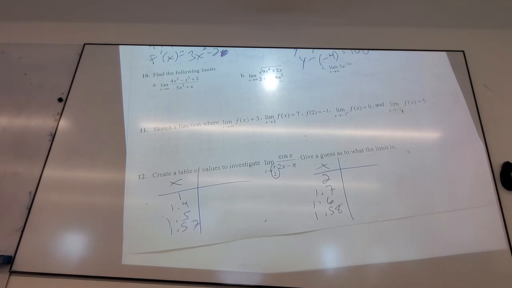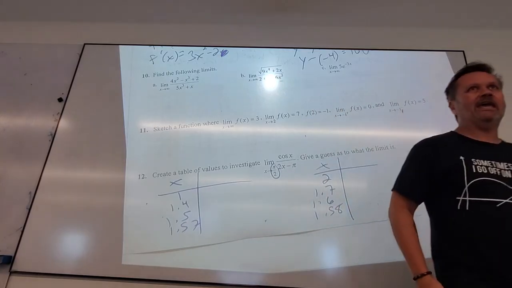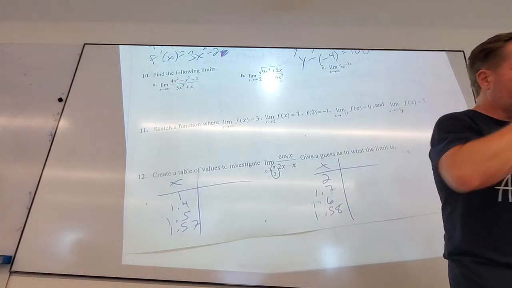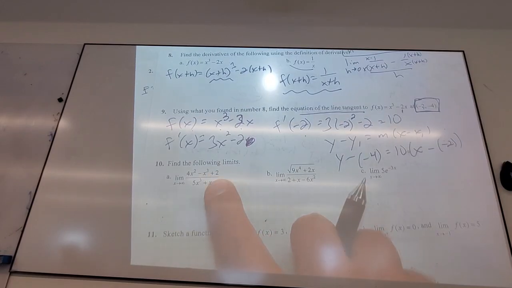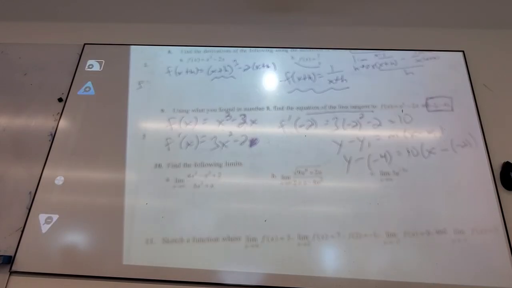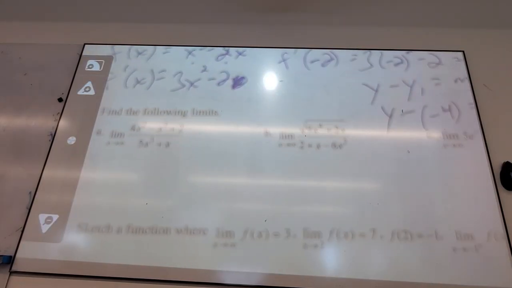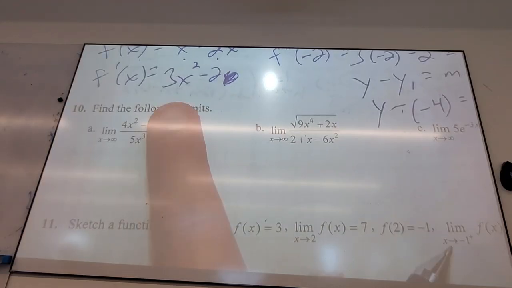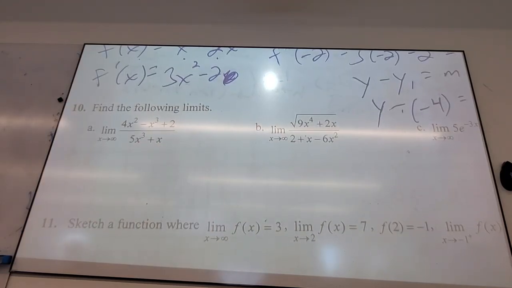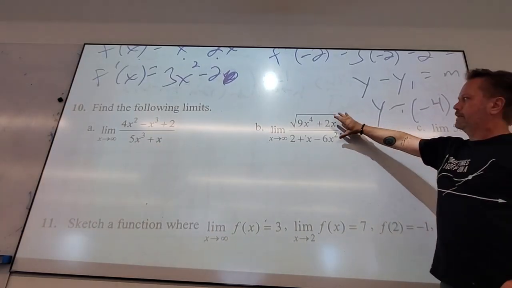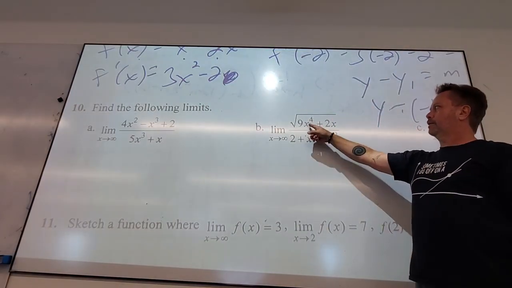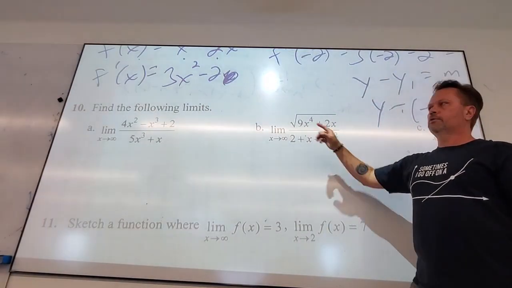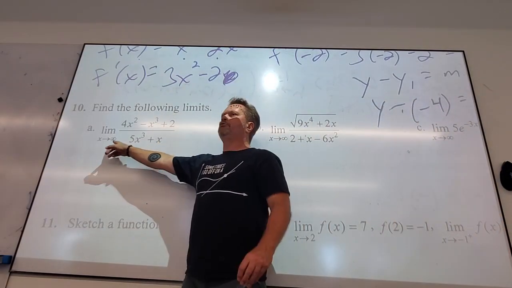So, is there anything else on here you want to focus on? Yes? Can we try 10A? Yeah. So 10A, what are we approaching? What kind of function do I have? I got a rational function, yes? This one specifically is not a rational function, but we all talked about how I could look at it the same way. So when I'm going to infinity, what rules the day?